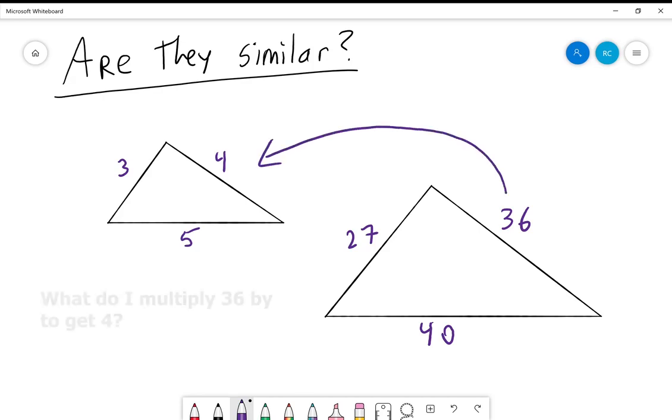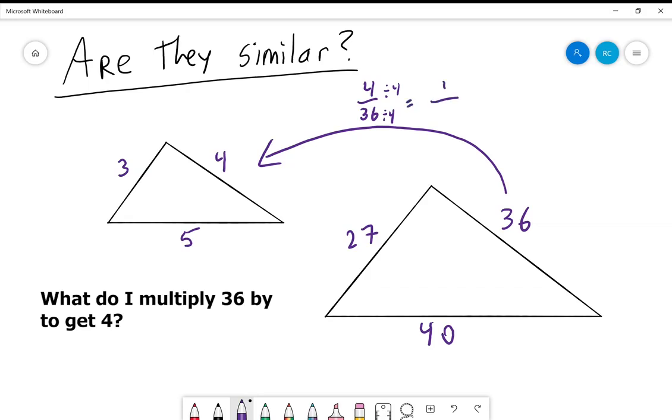And I'm going to say, what do I have to multiply 36 by to get 4? Well, again, you take the second shape and divide, or you take the second length and divide it by the first length. So the multiplier would be 4 divided by 36. Well, those are both divisible by 4, which gives us 1/9.